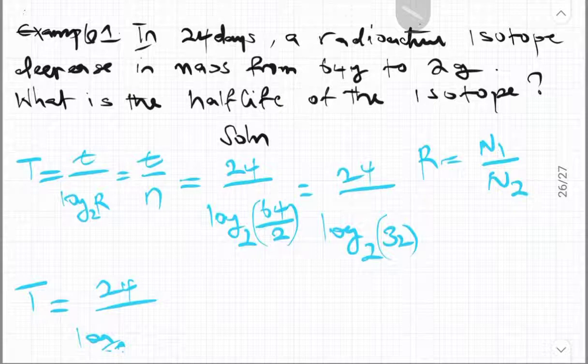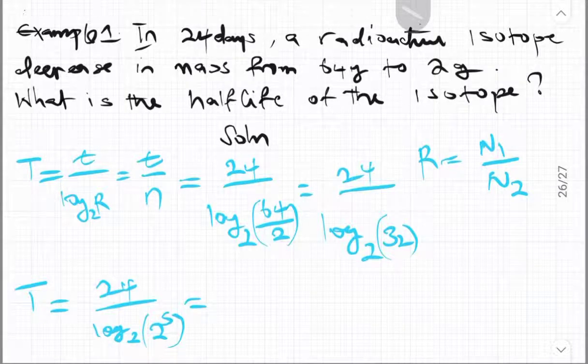Now 32 is 2 to the 5th power, and by the logarithmic law, we can take this 5 and flip it down here.